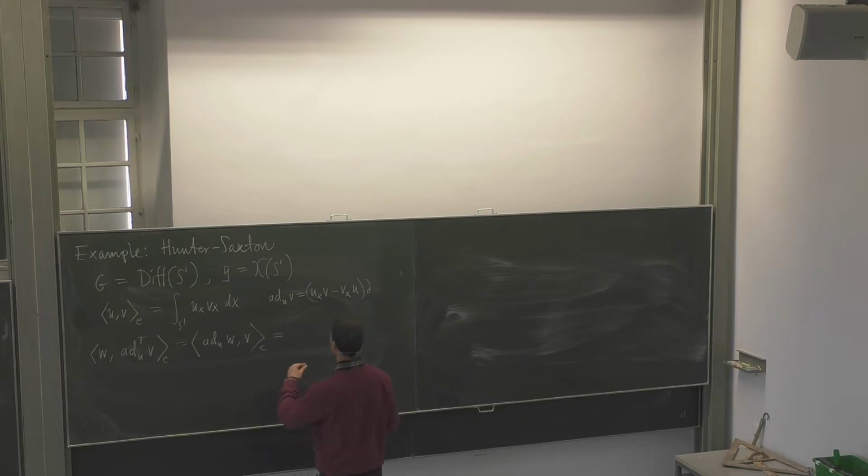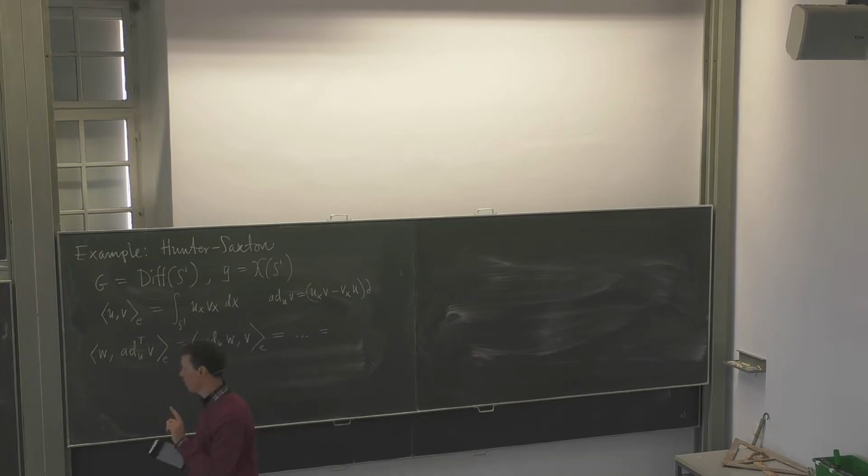So what do I do? You see what happens. You have derivatives here. You have to do integration by parts, moving derivatives so that you isolate your v, and then you read off what you get. I'll leave that as an exercise. What you see is that you don't immediately get ad transpose from this.